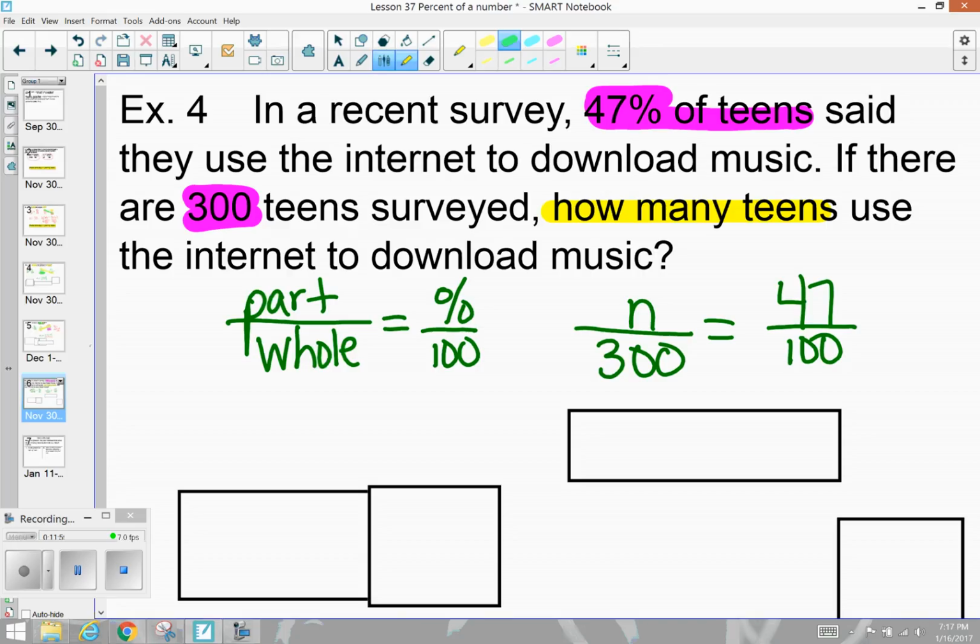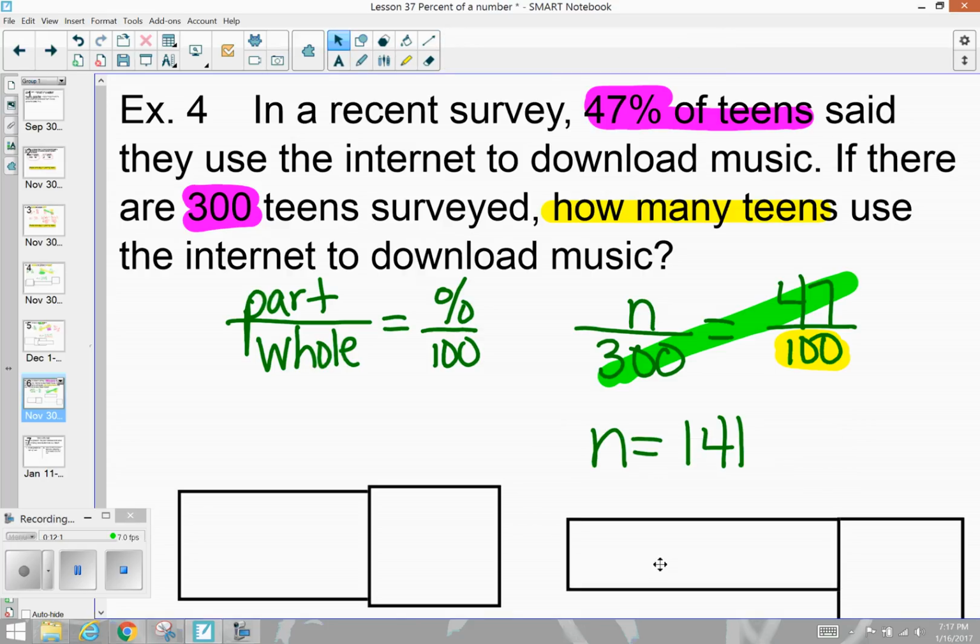All right, you should have multiplied these two numbers. Then you should have divided by this number. And when you were done with your calculator, you should have gotten that there were 141 teens from the survey that would say yes, they download their music.